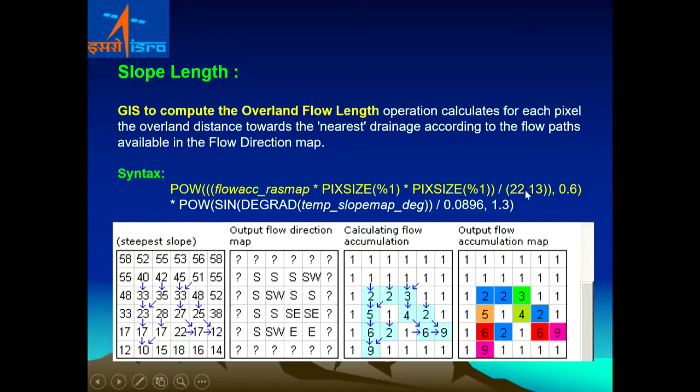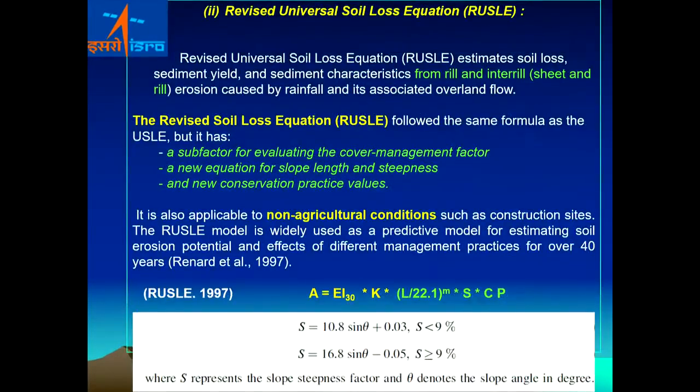That plot size divides it, and you can calculate the flow length. So flow length calculation becomes very easy in this equation. This was the real breakthrough for GIS modeling.